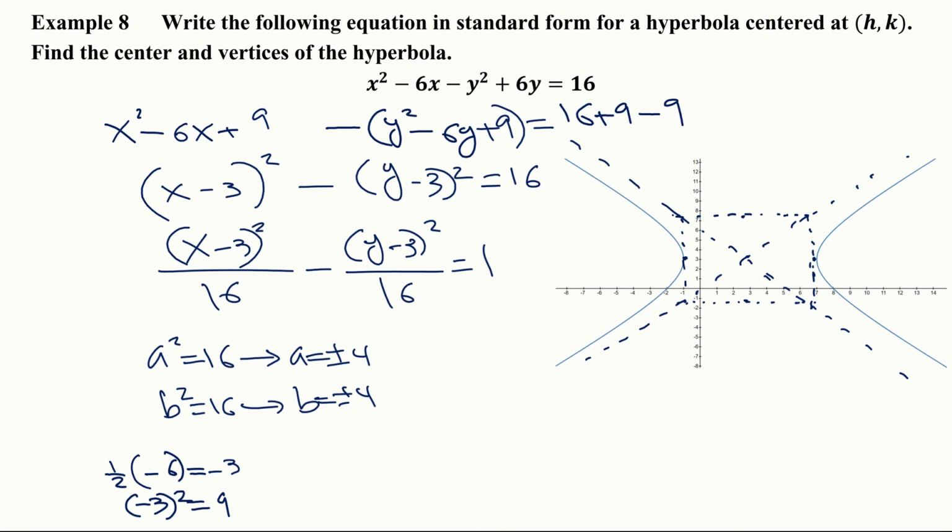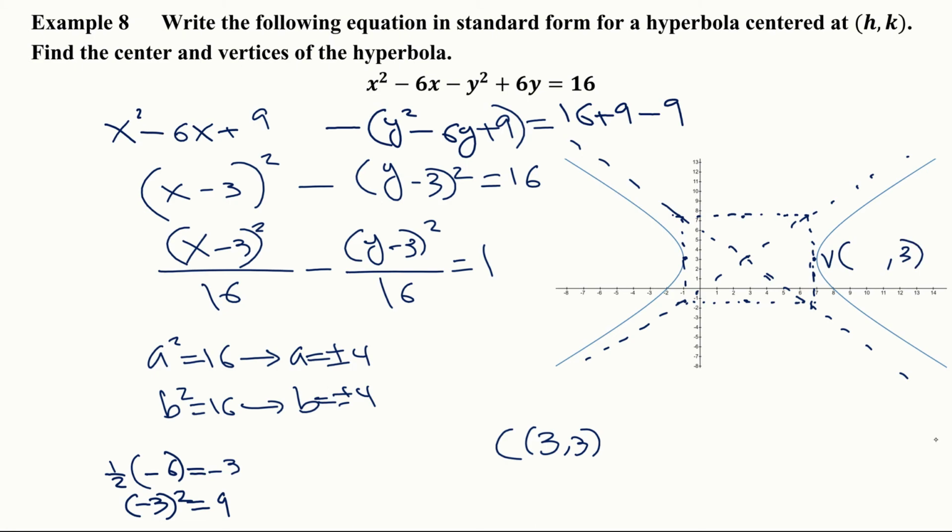Now, the only thing we want is the center and the vertices. We know the center is at 3, 3. The vertices are only these two. Remember, those up here and down here are not vertices, only these two. So one vertex is at the same elevation as the center, but 4 units to the right.